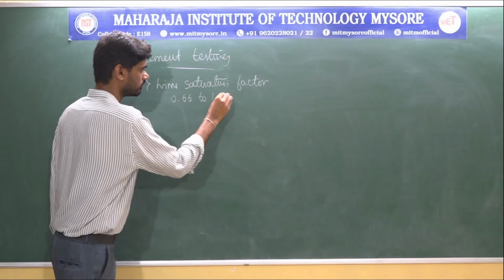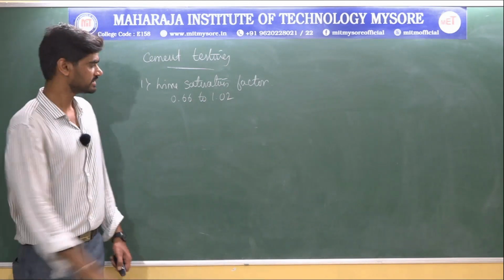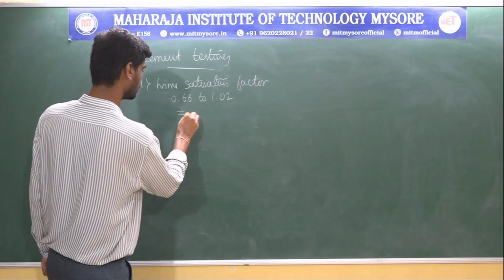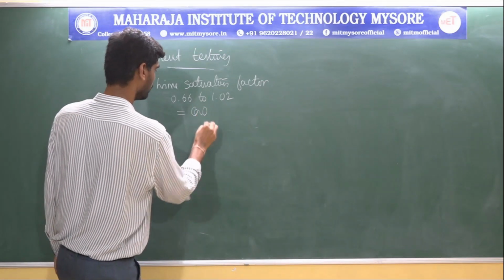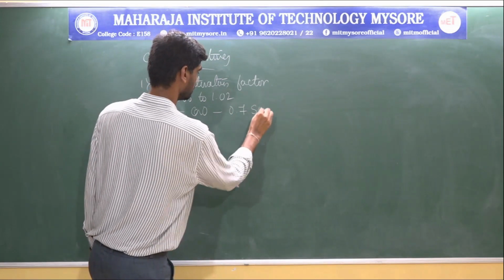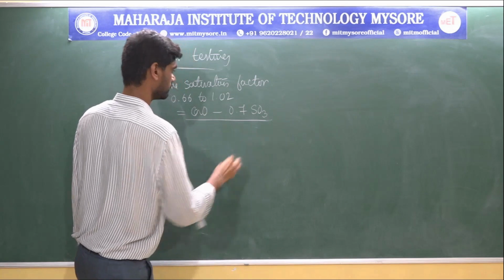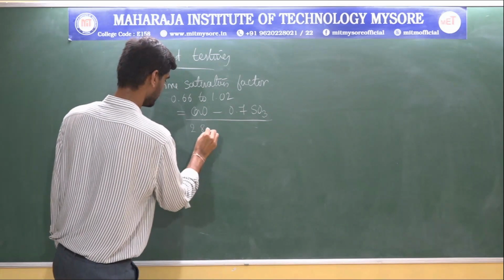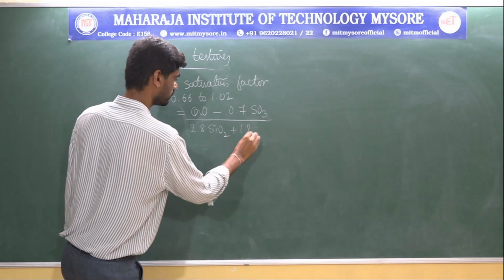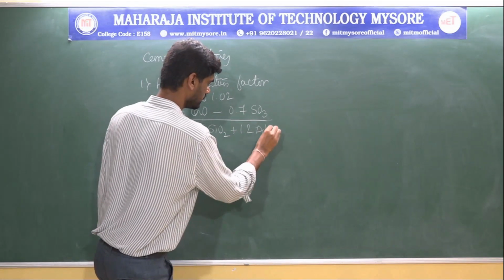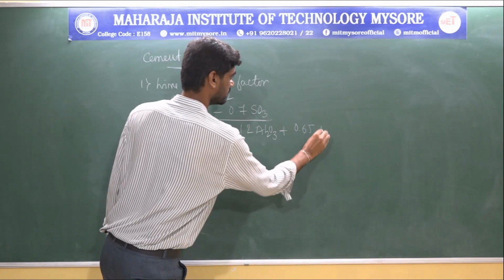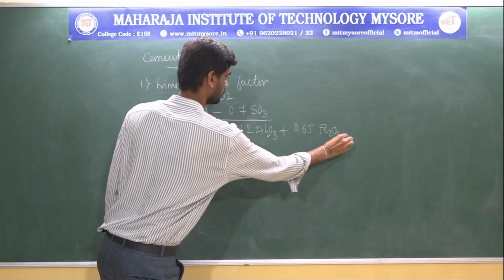0.66 to 1.02. Basically this one is calculated by a formula that is equal to CaO minus 0.7 SO3 divided by 2.8 SiO2 plus 1.2 Al2O3 plus 0.65 Fe2O3.